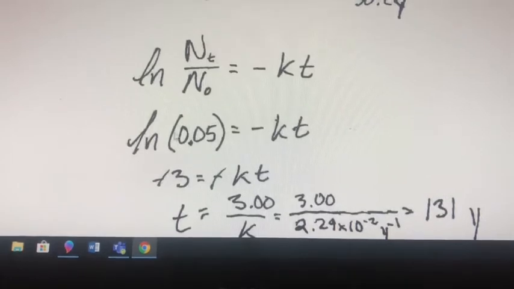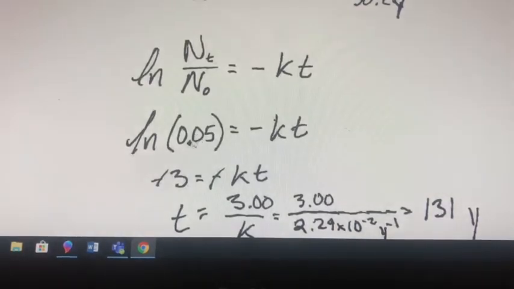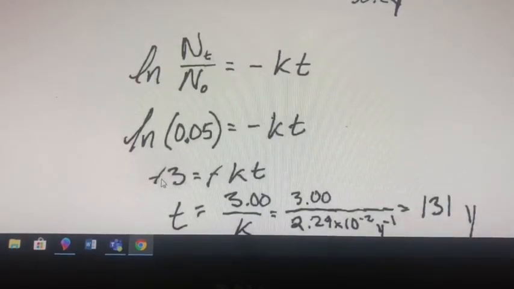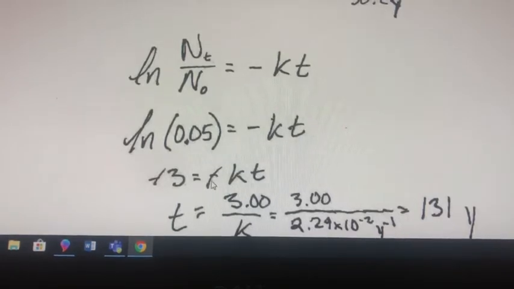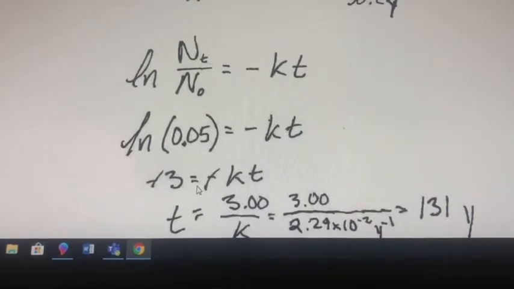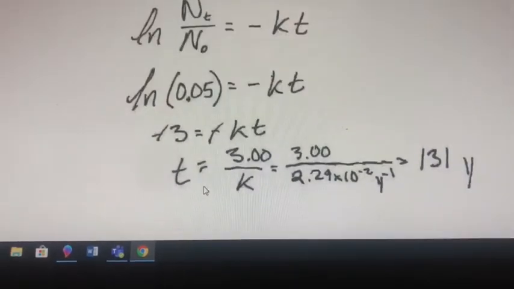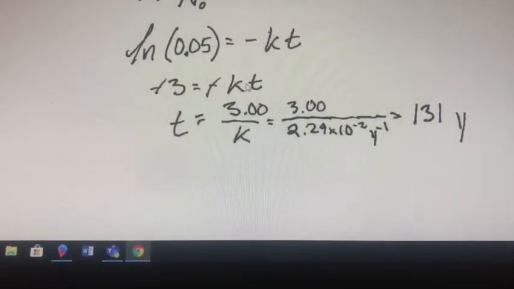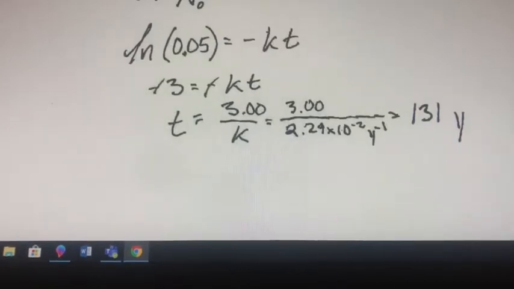So if you take the natural logarithm of 0.05, you're going to get negative 3. Both of these negative pieces cancel out. So in other words, you're always going to be left with a positive value, because we're not going to go back in time. Okay, so t is going to be equal to 3 divided by k, what we originally solved for up above.